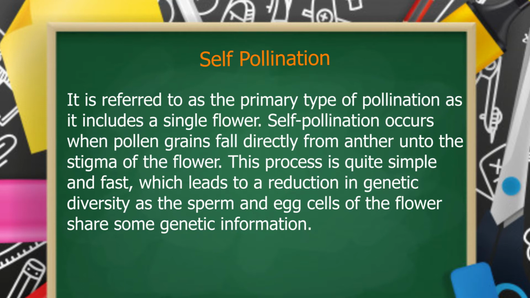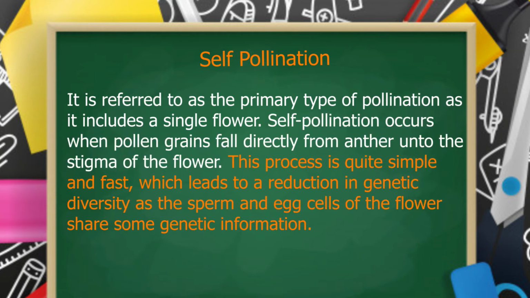Let us look a little at self-pollination. What is self-pollination? Self-pollination is referred to as the primary type of pollination, as it includes a single flower. Self-pollination occurs when pollen grains fall directly from the anther onto the stigma of the flower.